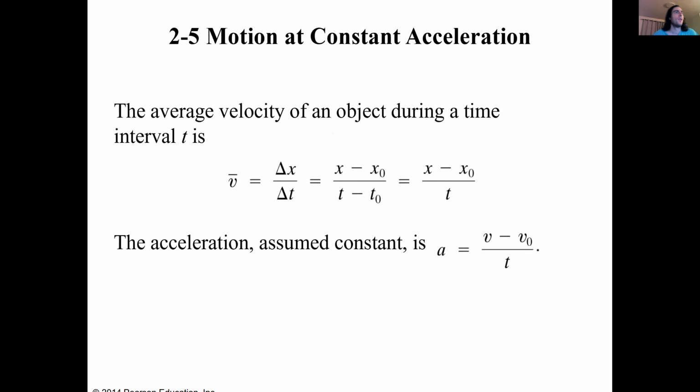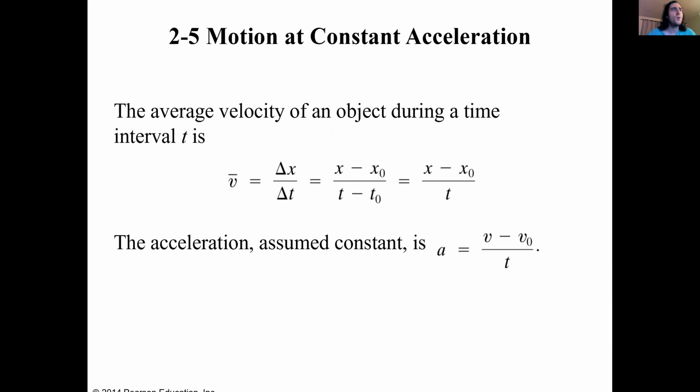Okay. Now, the average velocity of an object during a time interval is given by displacement divided by the time elapsed, right? Delta x over delta t. And so normally we'll write something along the lines of final minus initial if we're interested in specific times.